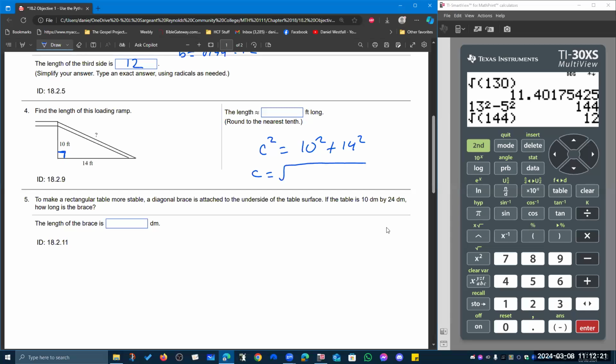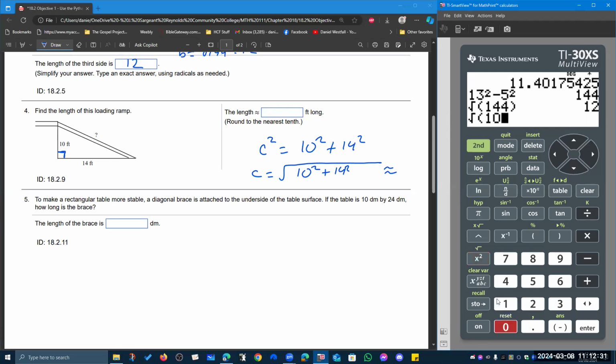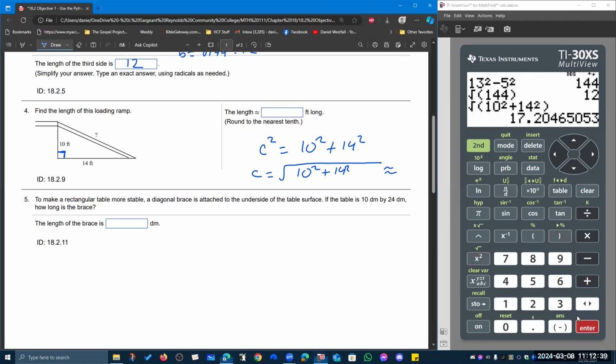So C equals the square root of 10 squared plus 14 squared. And that's going to be about 17.2 feet.